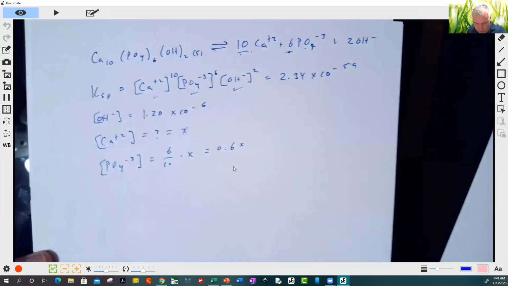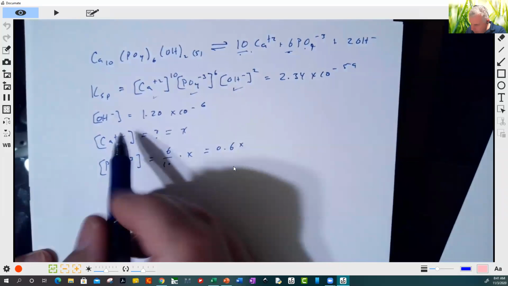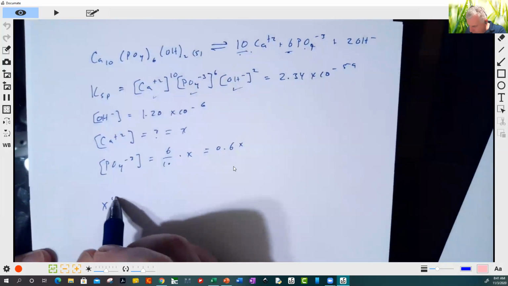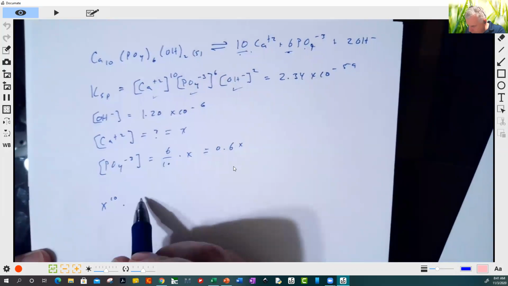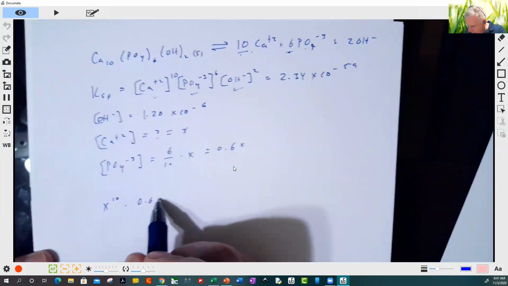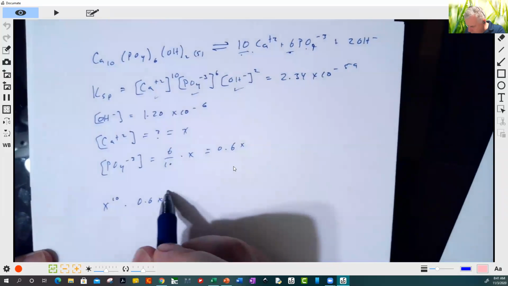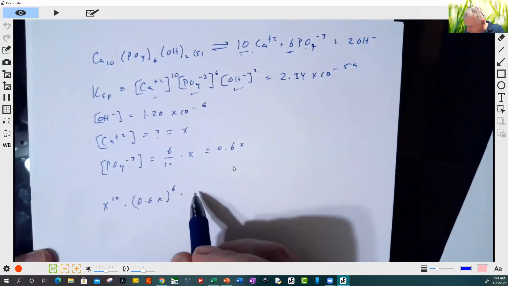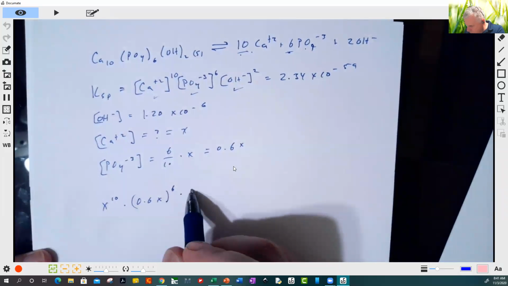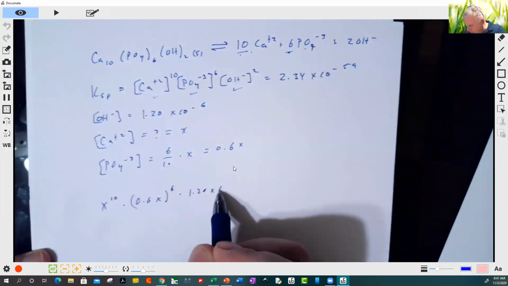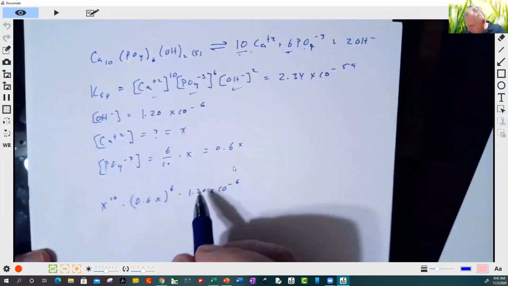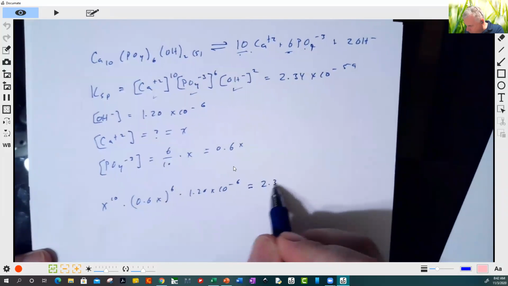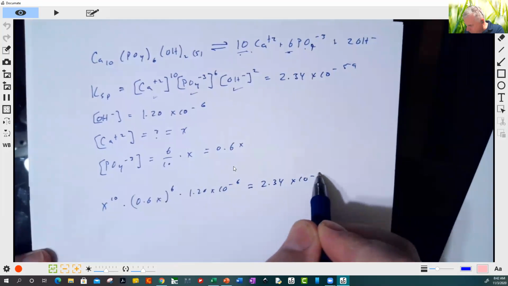So what we can do is solve this. We can say that X to the 10th times 0.6X to the 6th times 1.2 times 10 to the minus 6 is equal to 2.34 times 10 to the minus 59.